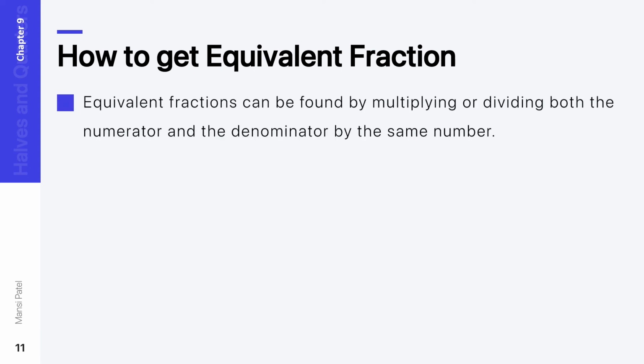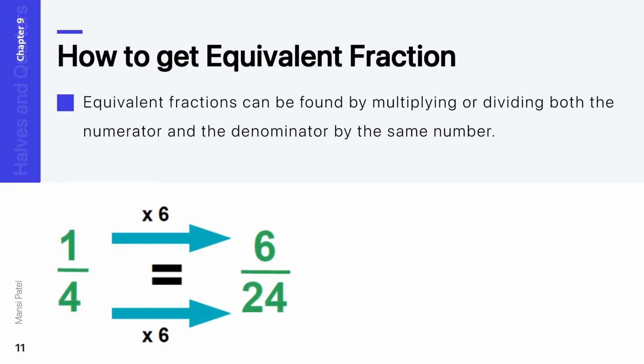To get the equivalent fraction, we multiply or divide the given fraction. You have to multiply or divide the numerator and denominator by the same number. Let us see with the help of one example. Here your question is 1 upon 4.